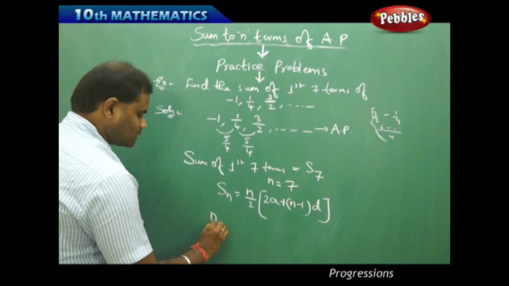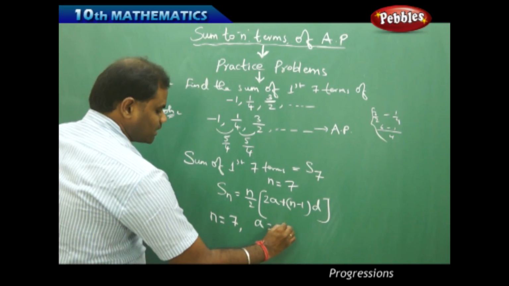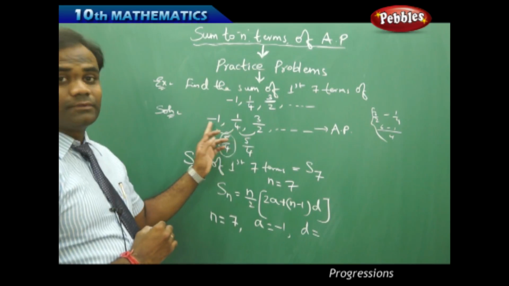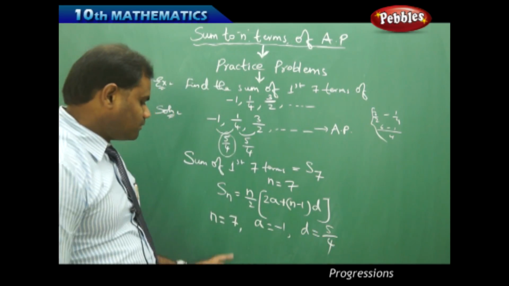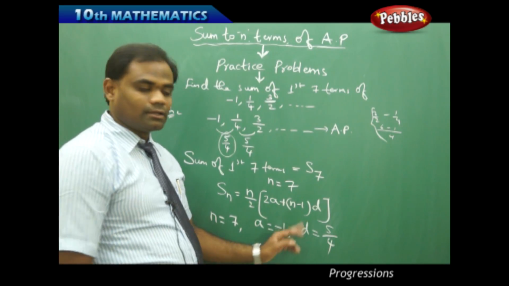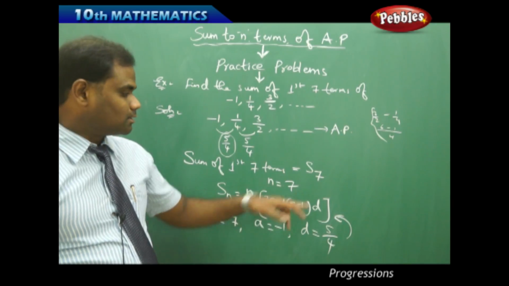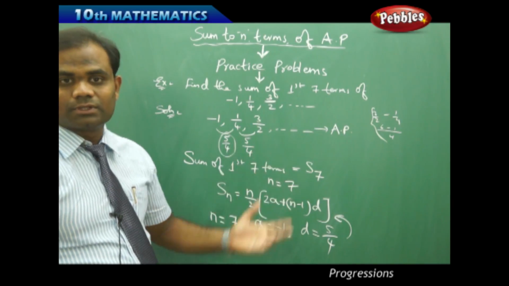In this case, n is 7, my a is the first term, which is -1, and my common difference is the difference of this term with this, which is 5 over 4. So substituting the values of n, a and d in the Sn formula, I get the sum of the first n terms, which is S7. So let's see how we can substitute each of them.